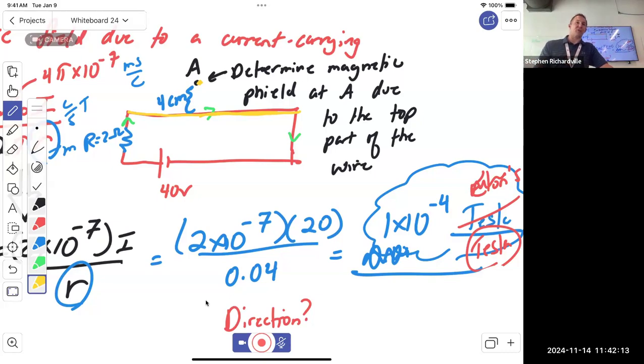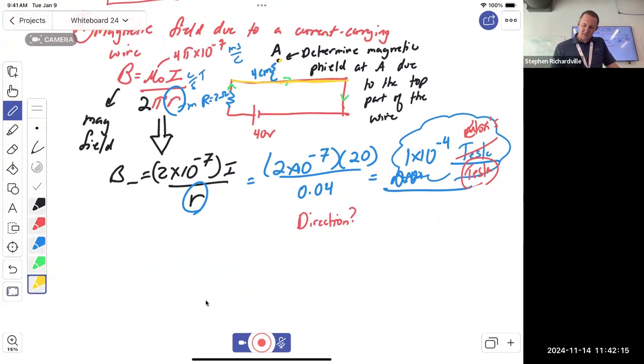So my first right-hand rule. The first right-hand rule that we're gonna talk about is the field, again, due to a current carrying wire.